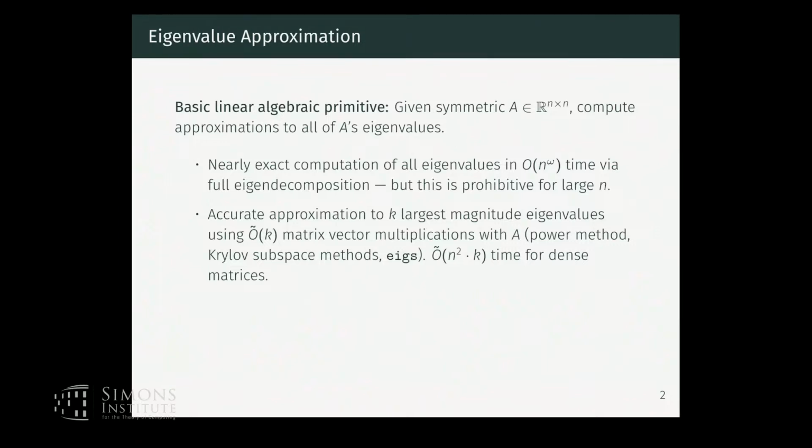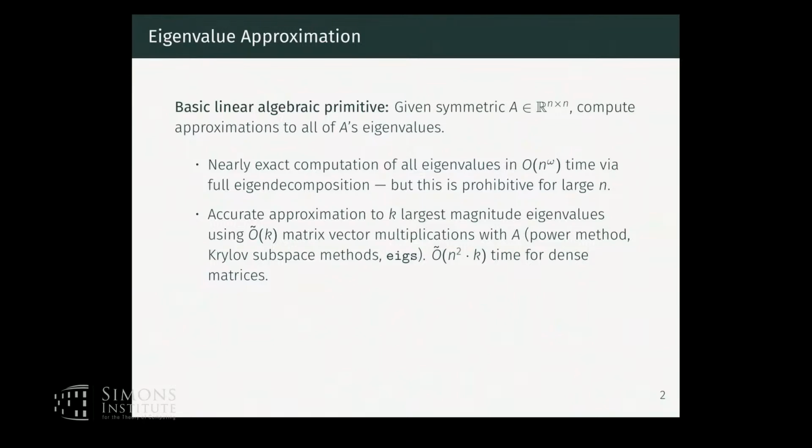We also know that we can get really accurate approximations of the eigenvalues using iterative methods that repeatedly multiply your matrix by vectors. This is like the methods that David talked about yesterday, like matrix-vector query algorithms. I'm not going to go into the details, but if I want to compute the largest k eigenvalues or the smallest k eigenvalues, it takes roughly k matrix-vector multiplications.